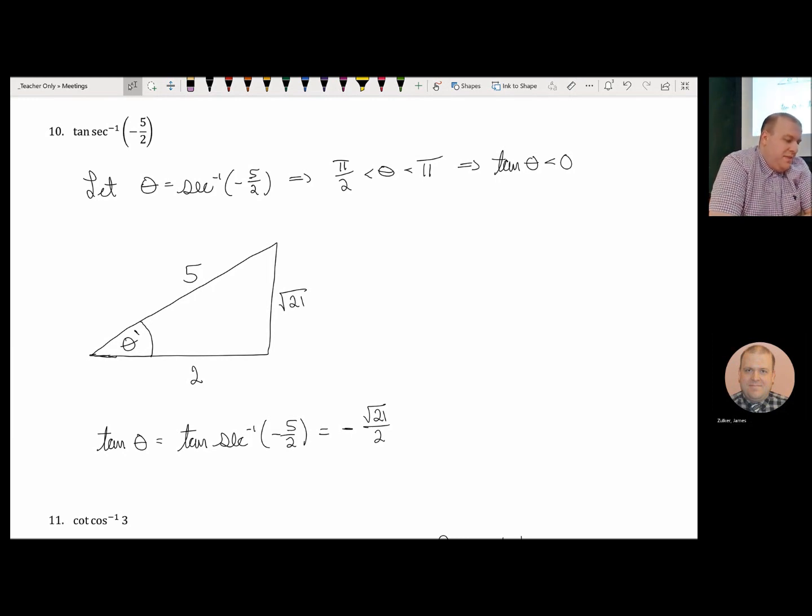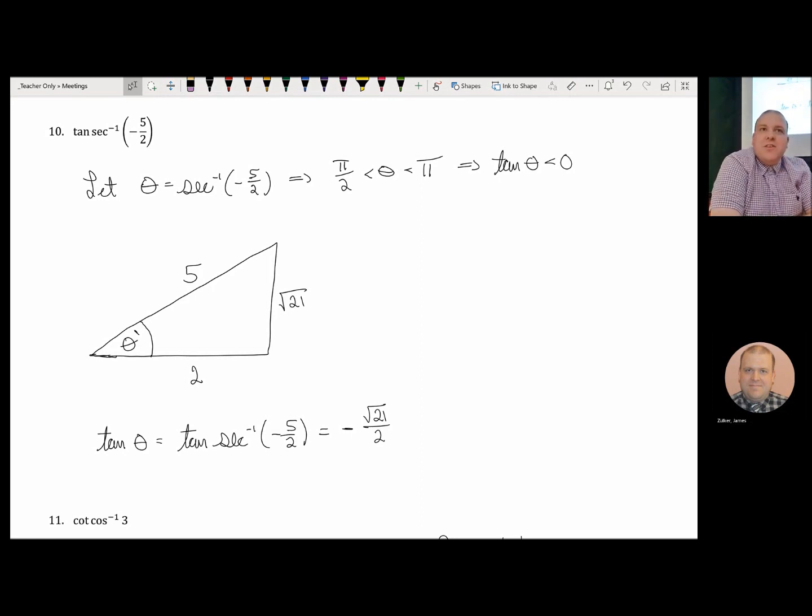For this one, you have to look at the range of the inverse secant. That's 0 to pi over 2 union pi over 2 to pi, which is quadrant 1 and 2.